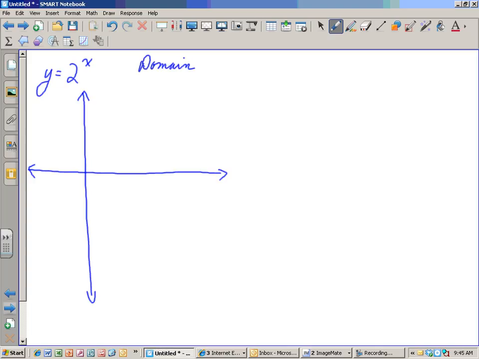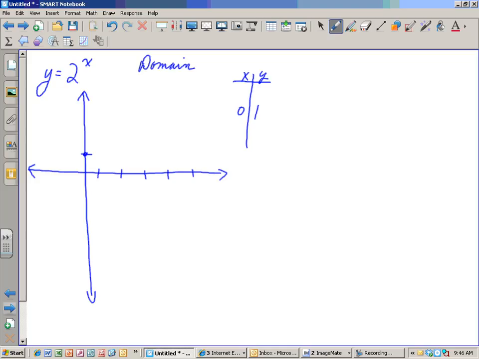Can x equal 0? Yeah. In fact, what is 2 to the 0 power? 1. So when x is 0, y is 1. Okay, and that's this point right there. Can x equal negative numbers?